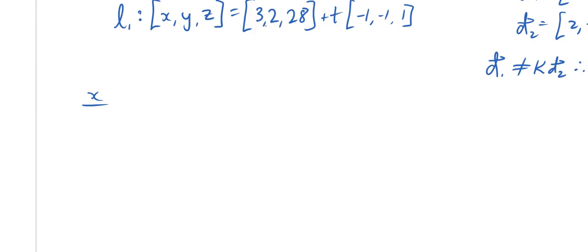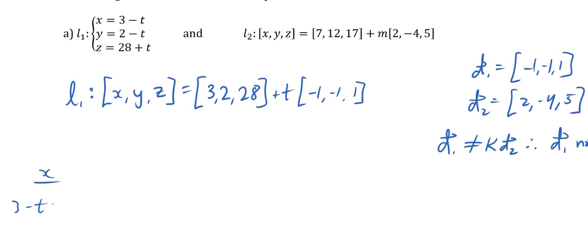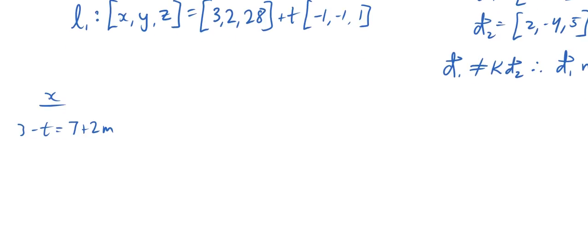And so I'm looking at the two equations, and I get, for the x parts, it's 3 minus t. That's useful when it's in parametric, equals 7 plus 2m. So I'm kind of turning the vector form of L2 into parametric form in my head. And I'm going to solve this for t, because it's going to make my life easy.